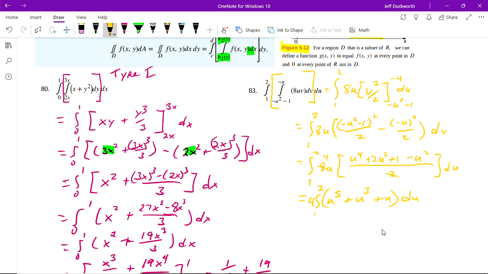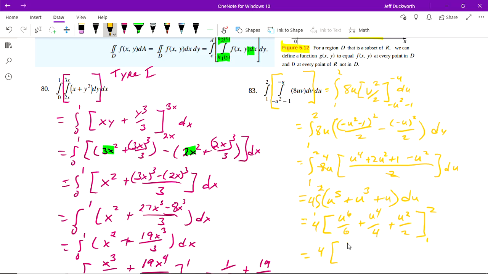All right, and these are all going to be the general power rule. So I've got a 4 outside, and this is going to be u 6th over 6, and u 4th over 4, and u squared over 2, evaluated from 1 to 2. All right, 2 to the 6: 2, 4, 8, 16, 32, 64.